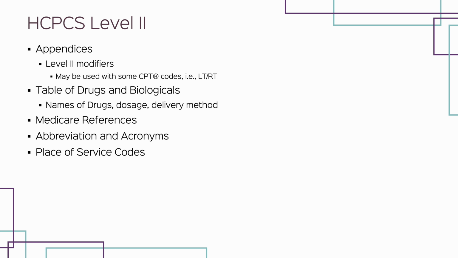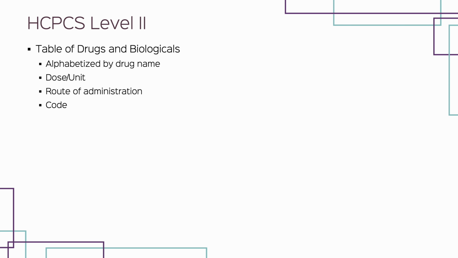Some of the content that you should find in your appendices will include your HCPCS Level II modifiers, a table of drugs and biologicals, Medicare references and billing guidelines, abbreviations and acronyms commonly used within the coding world, and place of service codes used for billing across different healthcare settings. Now, take a minute to flip to the back of your book and get familiar with the appendices that are included in your edition. Knowing what is available and where to find it can save you valuable time when you are coding.